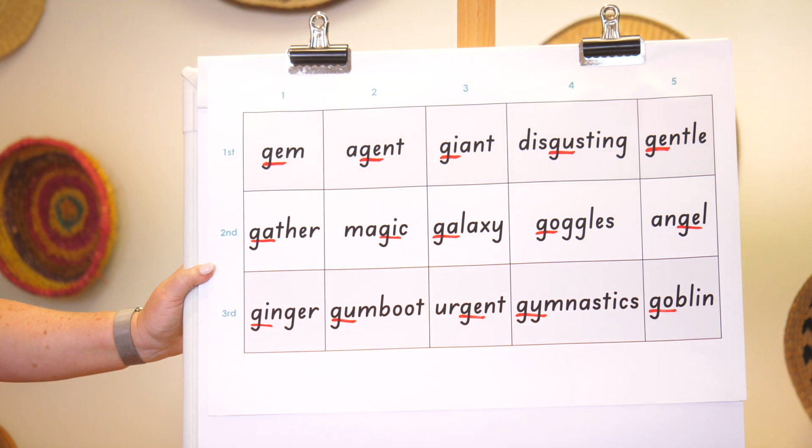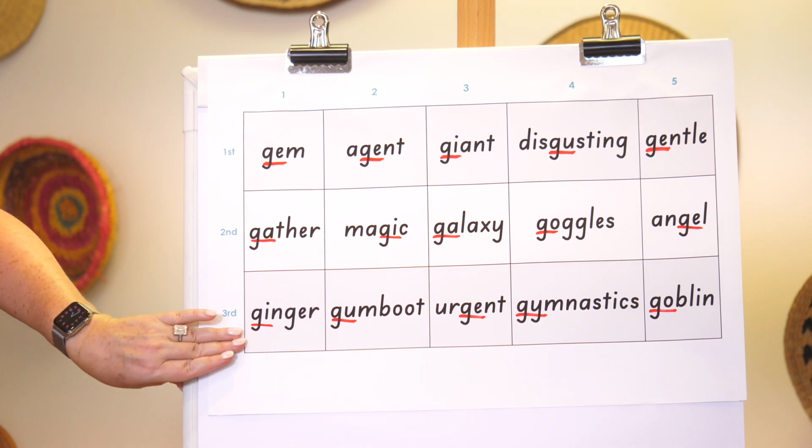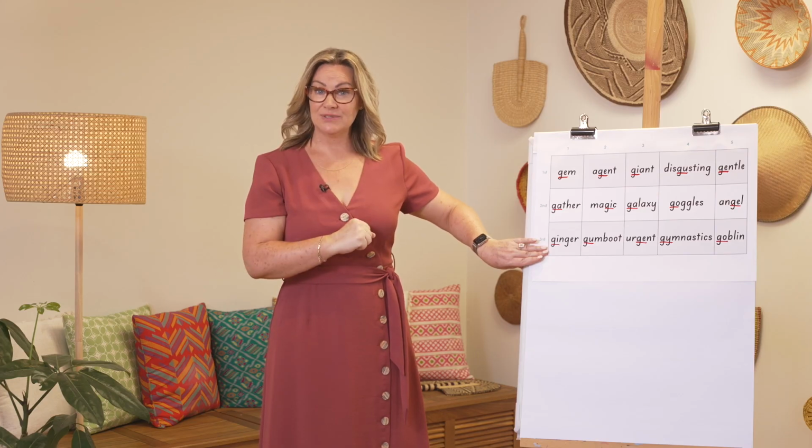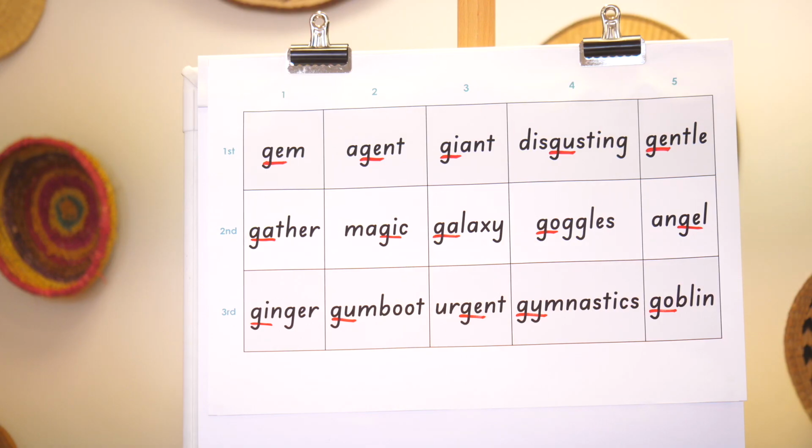Question number 4. In row 3, write a word that has 3 syllables. Which word has 3 syllables? Got it? Okay.